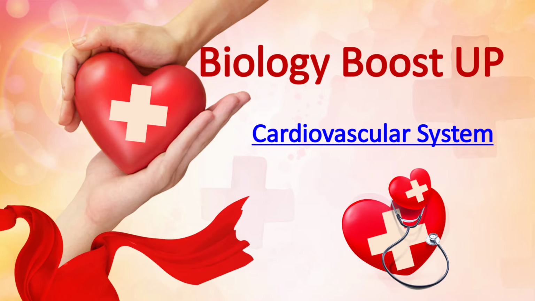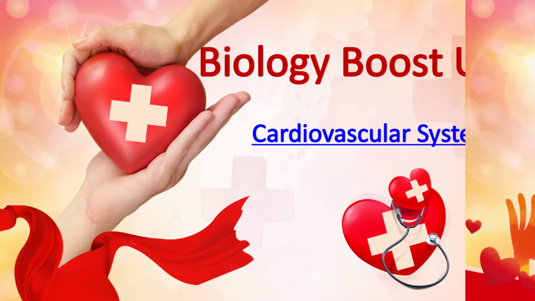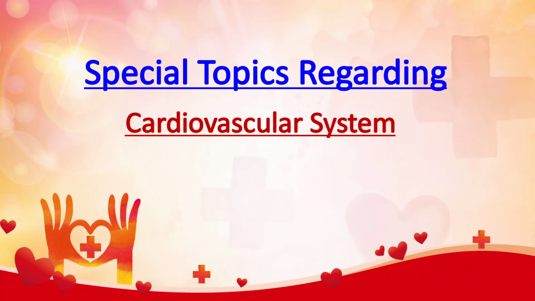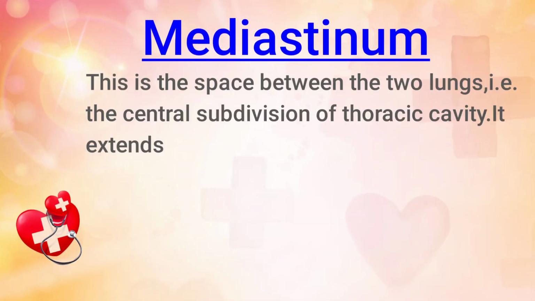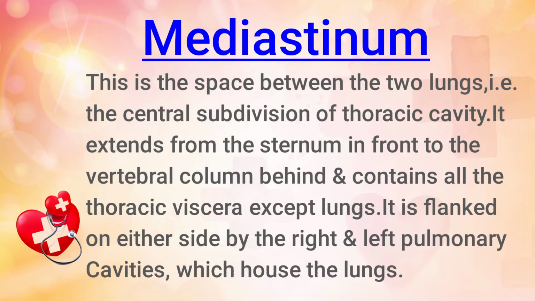In this video session, we're going to learn about some special topics regarding the cardiovascular system. So now, let's start. At first, I'm talking about the mediastinum. This is the space between two lungs, that is the central subdivision of the thoracic cavity.